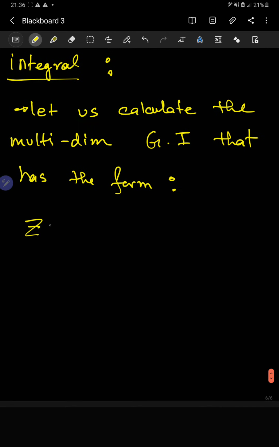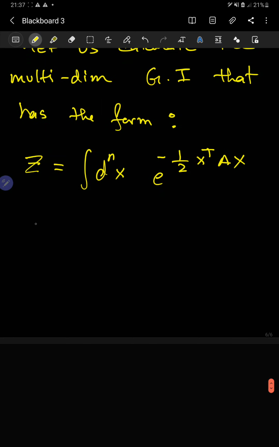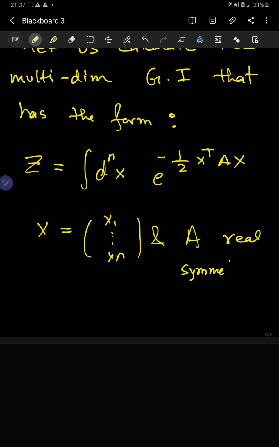So let's say we denote the multidimensional Gaussian integral by Z, with x transpose A x in the exponent, and the x are vectors here which have entries like this. And A, very important to note, is a real symmetric matrix. So what are symmetric matrices?